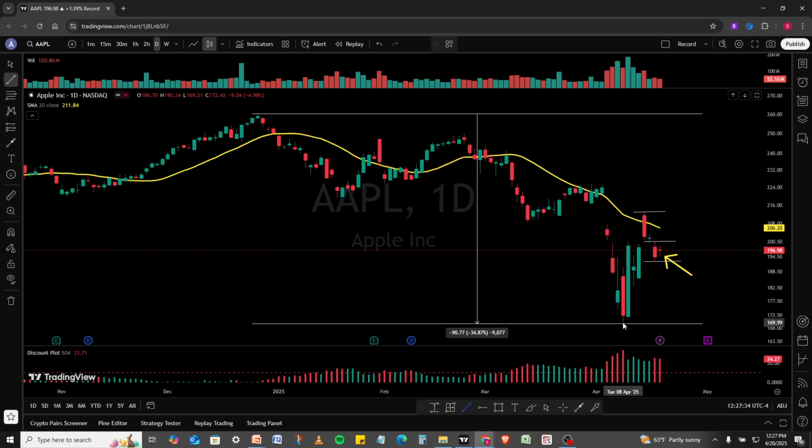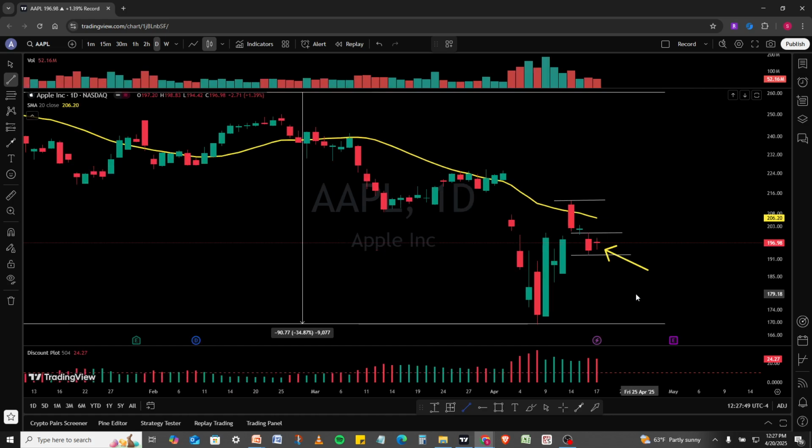So we have seen a 35% drop on Apple in the last 4 months. That's a big correction. So it's a good opportunity for somebody who is looking for a long-term investment, but definitely not looking that great for a short-term trade.